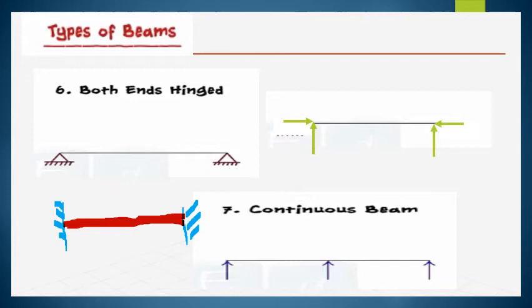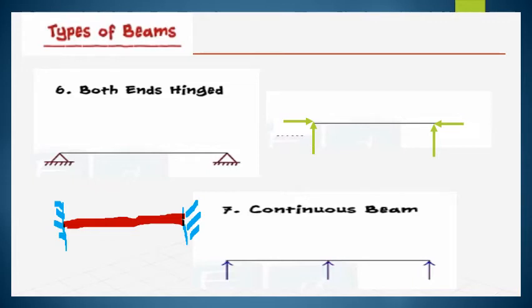If both the ends of the beam are fixed, then we can say it is a fixed beam. We know that at a fixed end there will be three reactions, so three at each end, there will be a total of six reactions for the fixed beam.